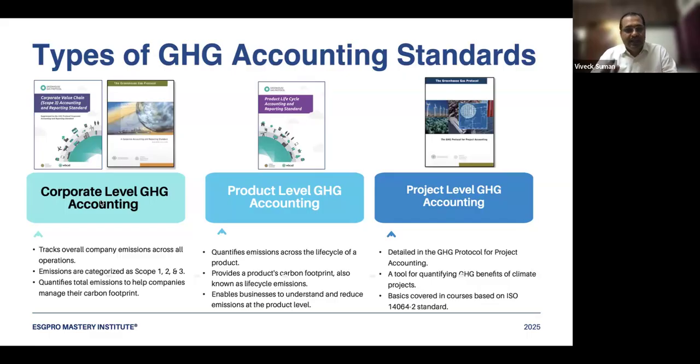Emissions are generally categorized into scope 1, 2, and 3 based on the organization boundary. Sorry, operational boundary. Now, the quantification of total emission to help companies manage their carbon footprint happens through corporate level GHG accounting. What is the purpose here? To basically quantify the total emission of the company. And how does that happen? Through the booklet. Clear?